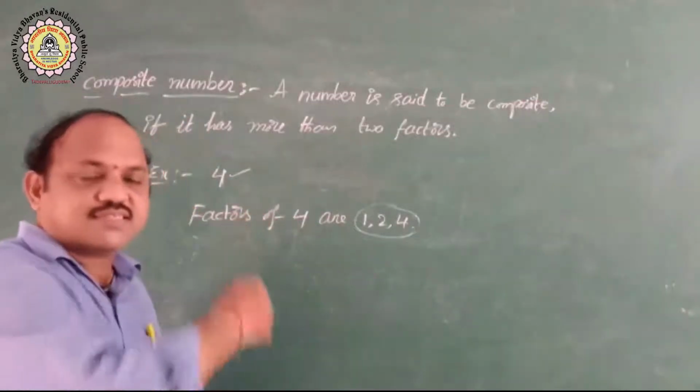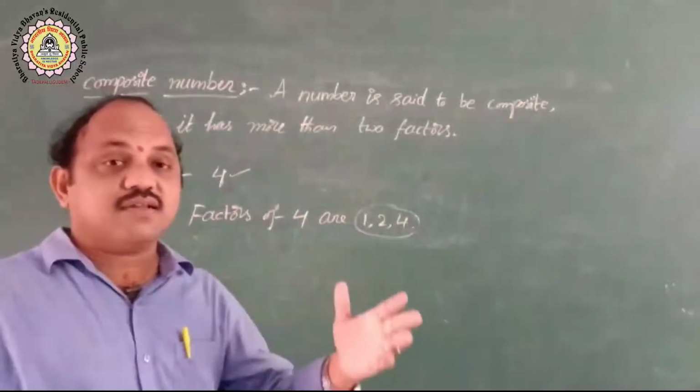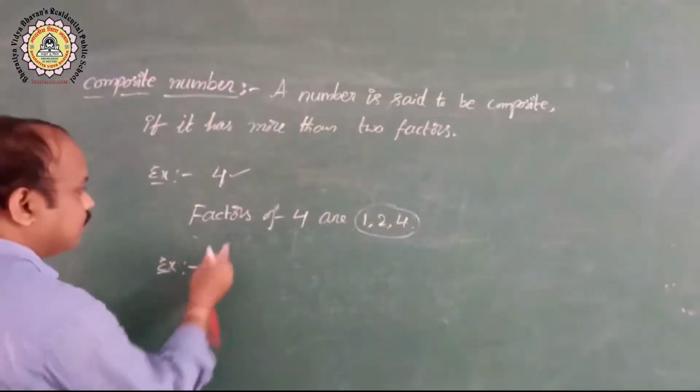And like this, so many numbers are there. So many examples are there for composite numbers. For example, 4 already we wrote.